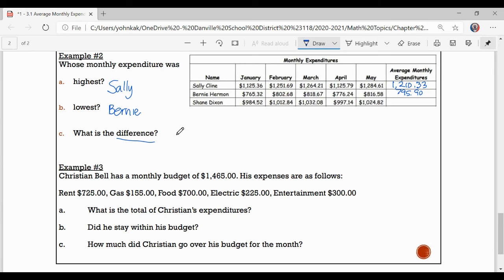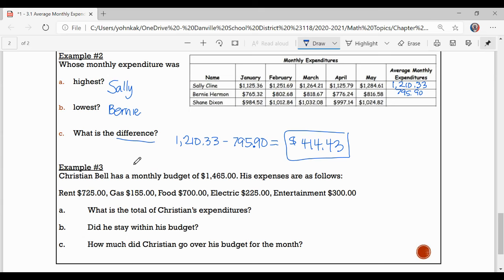So now to find the difference, I can do $1,210.33 minus $795.90. And that's going to give me a difference of $414.43. So we saved ourselves doing one person's average. But in reality, you could have done that too and seen which one was highest and lowest.